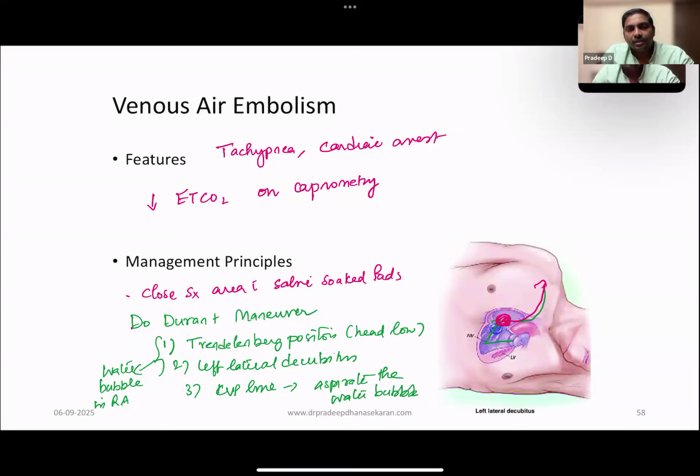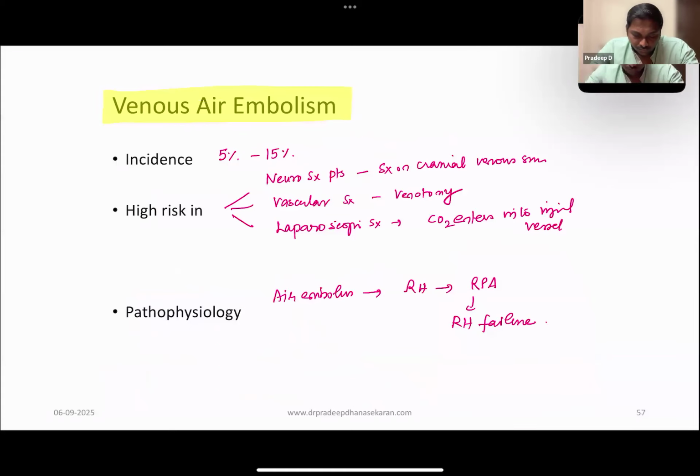By putting the patient in Trendelenburg, the air from the pulmonary artery will enter into the right ventricle. Putting the patient in the left lateral decubitus, the air bubble will enter into the right atrium. Then with the help of a central venous catheter, you can aspirate the air bubble. This is called Durant maneuver.